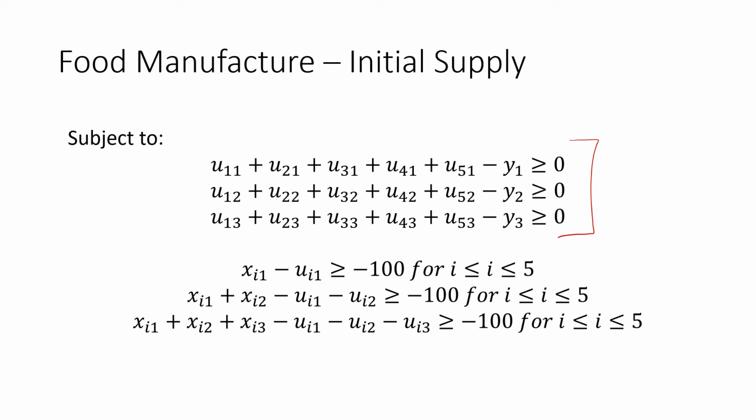So instead of saying that the amount that we use has to be no more than the amount we buy, in that first month, the amount we use can be no more than 100 tons more than the amount we buy. Similarly, the second month, a similar type of thing, and the third month, a similar type of thing. So we have that extra 100 tons of flexibility for every one of the oils.